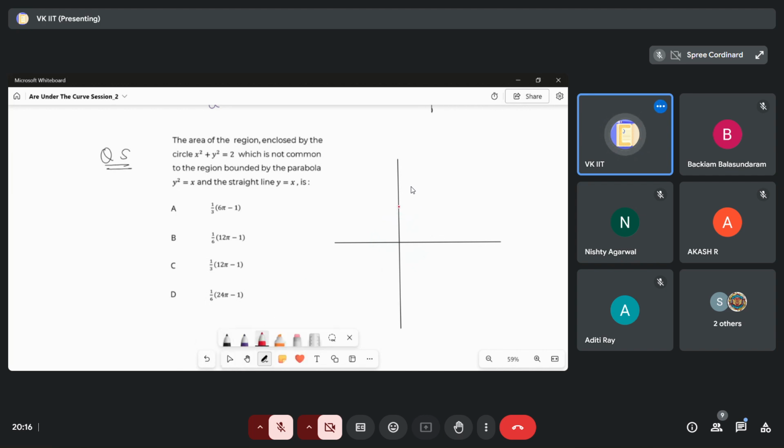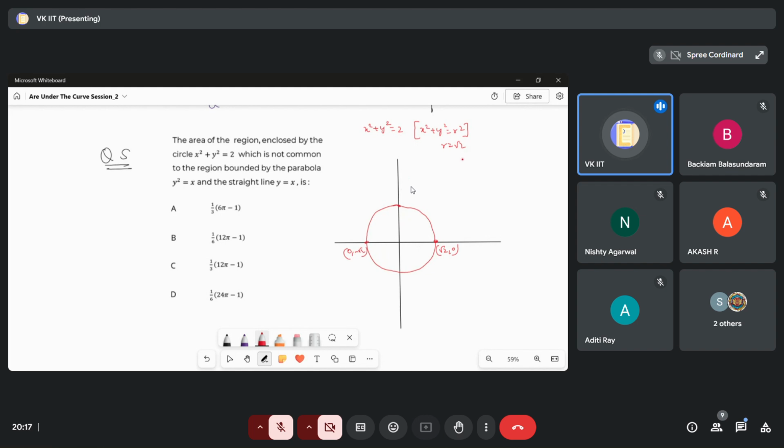So the circle is there, one circle. Okay, the circle equation is given to you, x square plus y square is equal to 2. If you compare that with the general equation, r square, r will be equal to under root 2. So these points will be under root 2 comma 0, and this is 0 comma minus root 2, and the same will go here because the radius is the same, right?